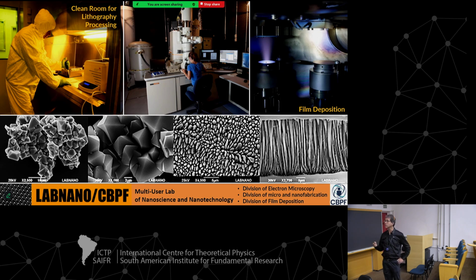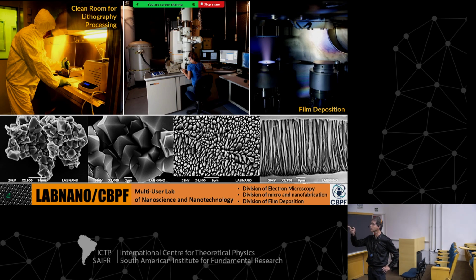All the development we did starts because of Lab Nano. Lab Nano is a facility which was installed in CBPF in 2010. It was one of the first, along with LN Nano in the CNPEM and all the microscopy park in CNPEM, that started a multi-user nanoscience and nanotechnology laboratory in which we had nanocharacterization with electron microscopes and nanofabrication with electron beam lithography and other lithography.